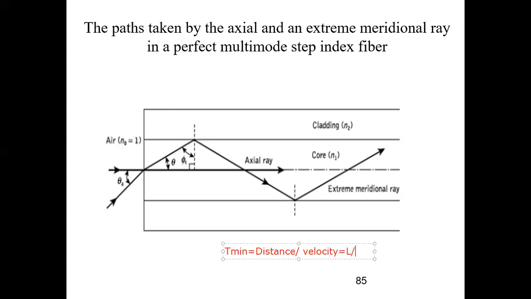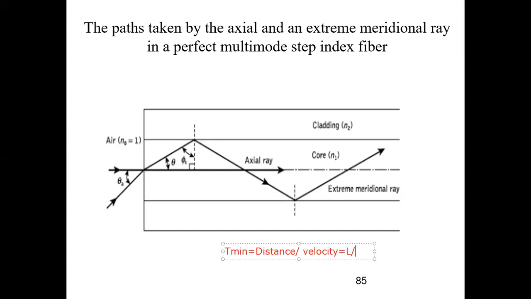Now what will be the velocity considering the fiber? Velocity of light, the speed of light in the fiber. The first formula we studied, the definition of refractive index, if you remember, that was the very first formula I gave you.